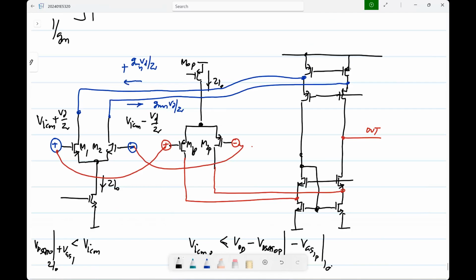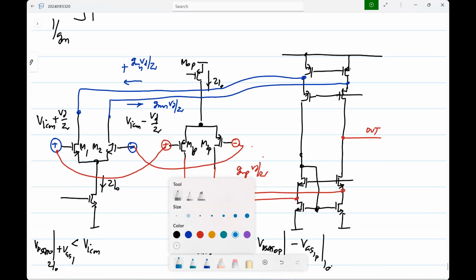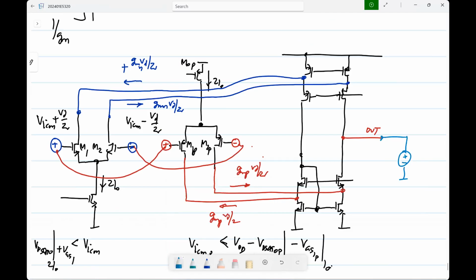Similarly, on the other side, GMP VD by 2 and GMP VD by 2. And if you terminate the output in an incremental short circuit, you will get GMN plus GMP times VID.